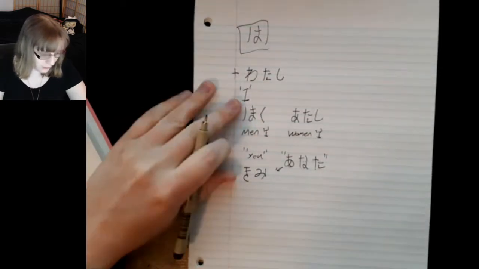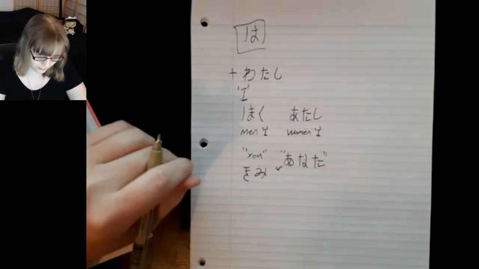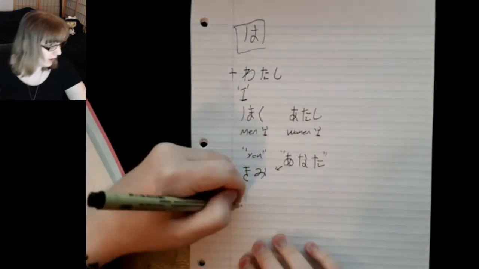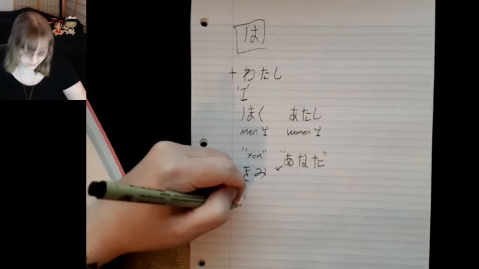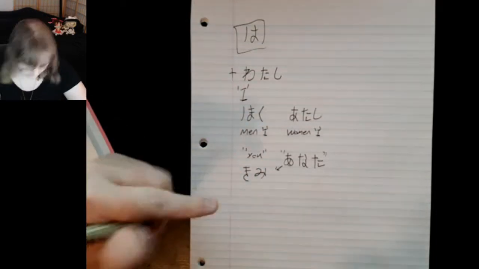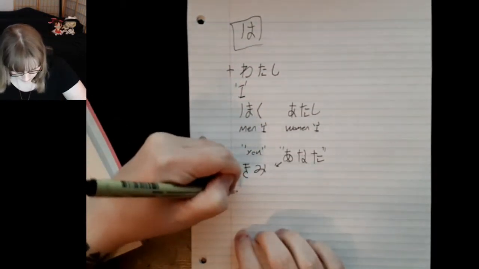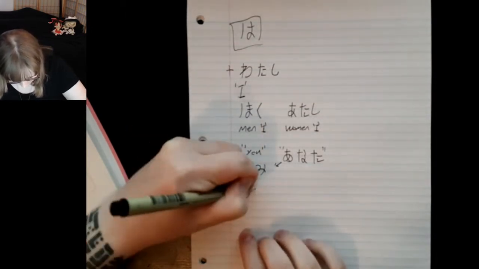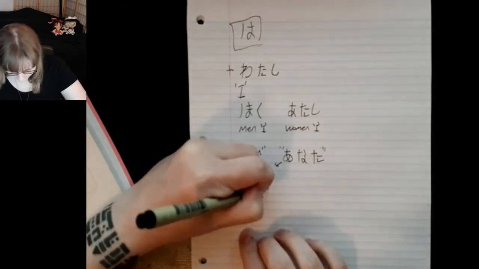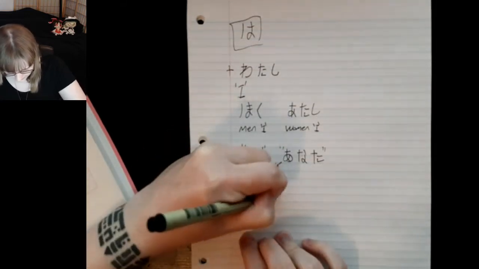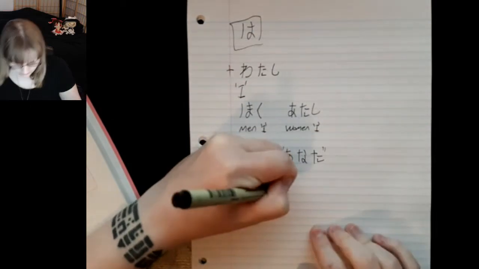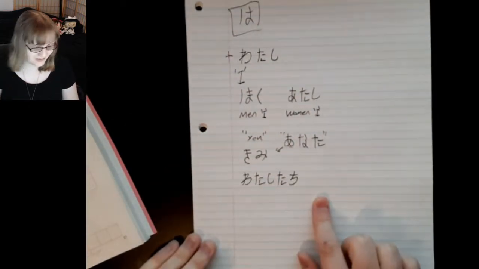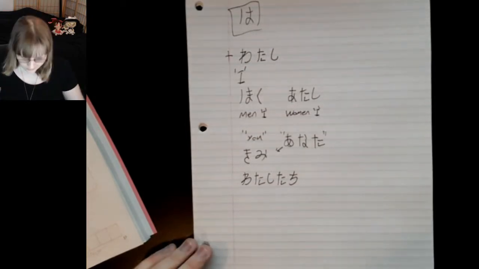Moving on, how to refer to people as a group. Now, there's two ways of doing this. When referring to us, we like doing this, you want to say watashi tachi, which can often be slurred as watashitachi.